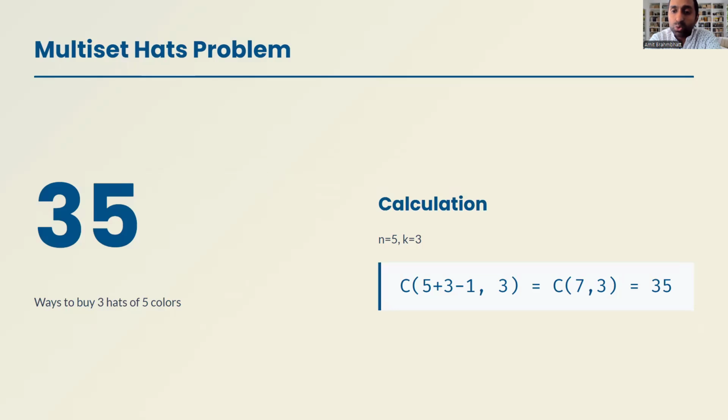Since we can choose multiple hats of the same color and the order of purchase doesn't matter, this is a multiset problem. Applying the formula, we calculate 5 plus 3 minus 1, choose 3, which simplifies to 7 choose 3. Evaluating the factorials reveals that there are exactly 35 unique color combinations of hats you can buy.